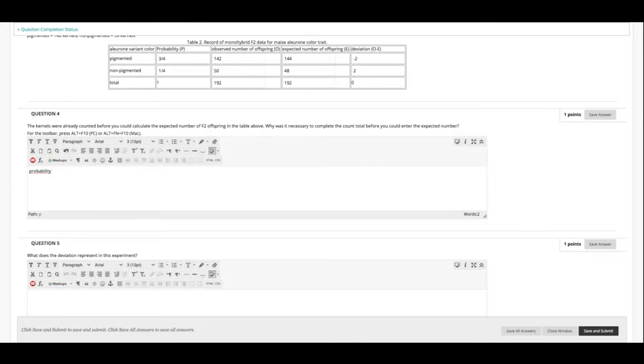Probability times total number. Probability, expected number.